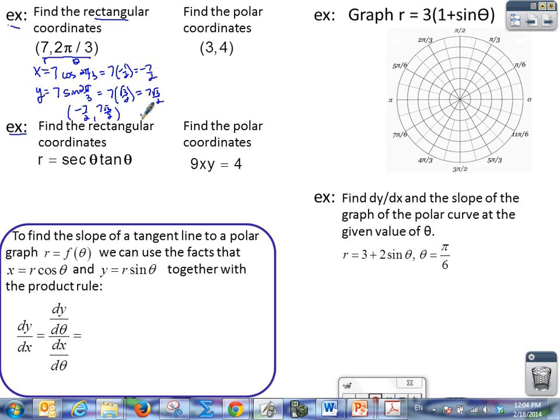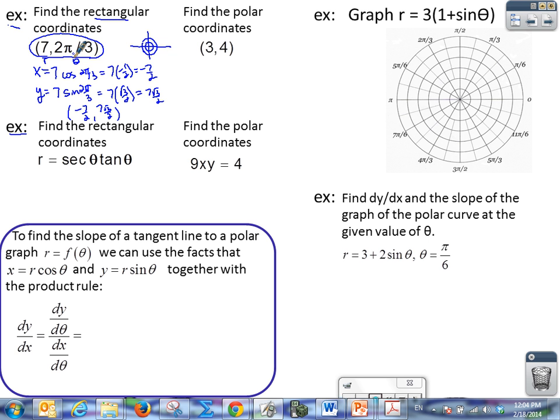Now what I would like for you to do is double check. I always want you to double check, because whatever quadrant this point is in on polar, so we know polar has got this kind of thing going on. 7 is the number of rings, and that's positive. 2 pi over 3 is in which quadrant?